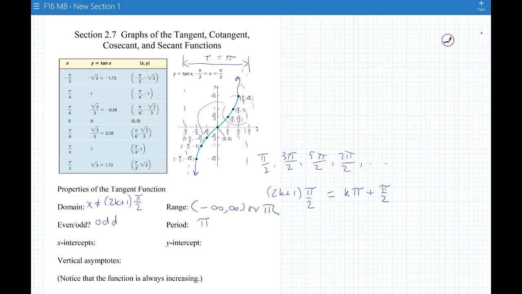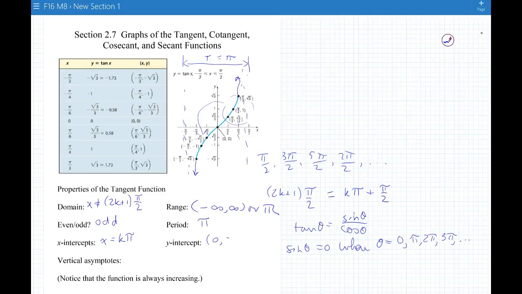X-intercepts are going to happen every time the sine of theta is 0. So sine theta equals 0 when theta is 0, and then pi, and then 2 pi, and then 3 pi, and so on. So x-intercepts happen when x is equal to multiples of pi.